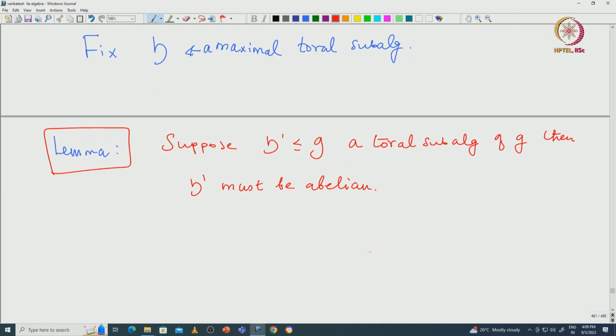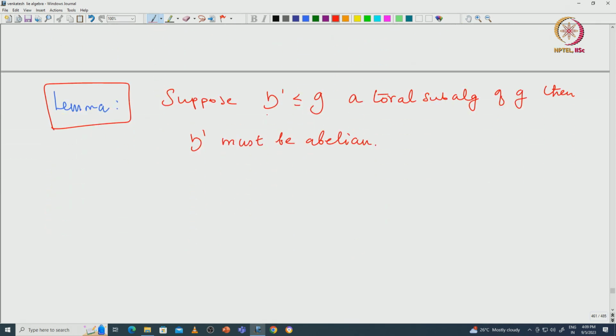This is a very important observation. By definition H' consists of only semisimple elements, so ad h will be semisimple for each h in H'. So, ad h will act semisimply on G.